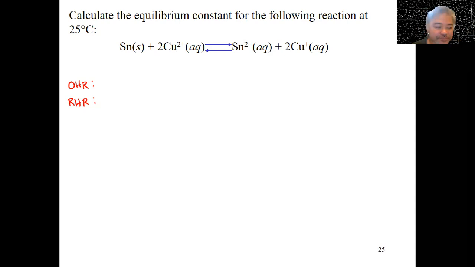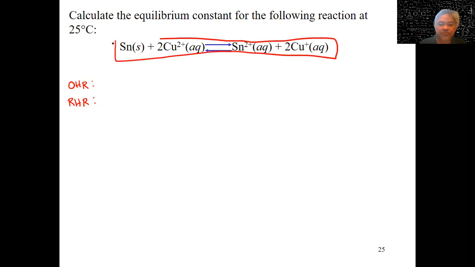Now, sometimes you don't know if the system that you have is a voltaic cell or an electrolytic cell. So how are you going to identify, let's say if you're given this reaction, which one is oxidized and which one is reduced? Okay? So in cases where a reaction is given, all you need to do is look at the species that undergo oxidation and undergo reduction.